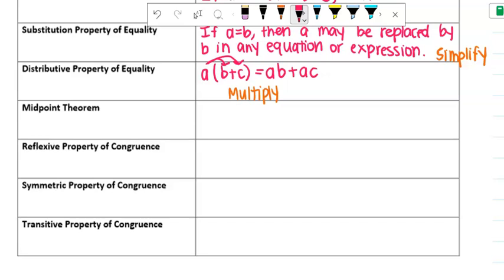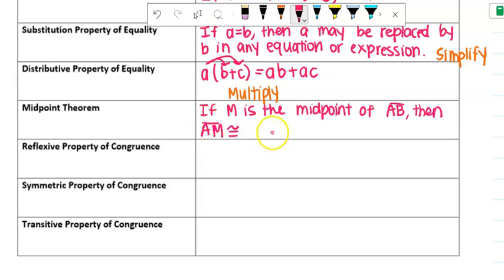Next we have our midpoint theorem. So we talked about midpoint already, right? Midpoint is directly in the middle of our segment. So if you want to write out the formal theorem, it says if M is the midpoint of AB, then AM is congruent to BM.